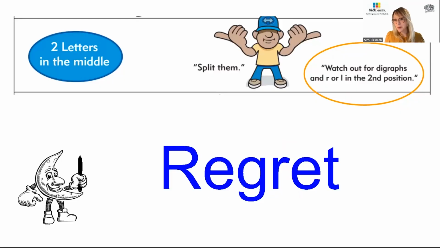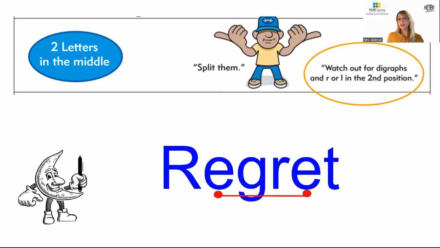Let's look at the second part of our exceptions, where it says R or L in the second position. I'll walk you through the steps of the process, but I want you to try it on your own as well. Let's start by dotting our vowels, underlining what's in between, and we notice that there are two letters in between.